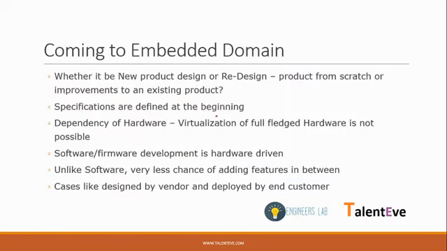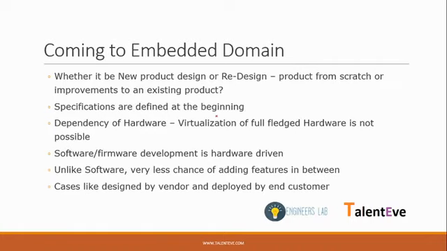Now, coming to the embedded system, why can only software use DevOps, why not the embedded domain? In the embedded domain, there can be different scenarios where you do a new product design from scratch, or a redesign. Whatever the case, the specifications are defined at the beginning of the project.